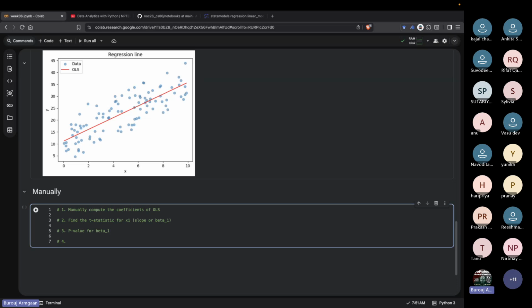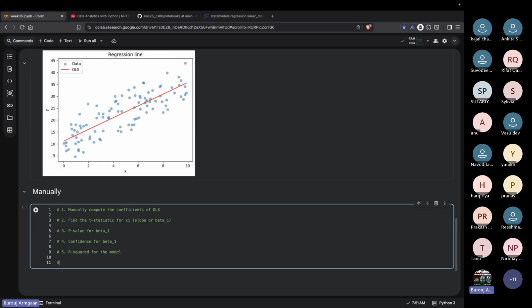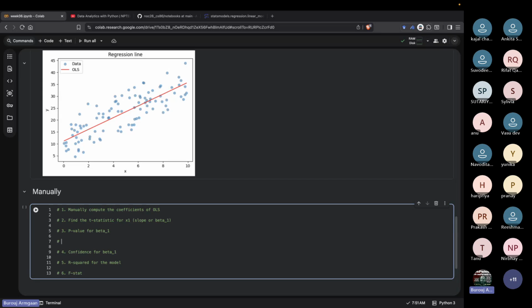Then you will find the confidence interval for beta 1. So this part up to this point is for your x1. Then for the model as a whole, you can find the r squared for the model, followed by the f stat. Okay, so maybe we can also do it in two parts. Maybe you can try this first, and then we can go for the next part.